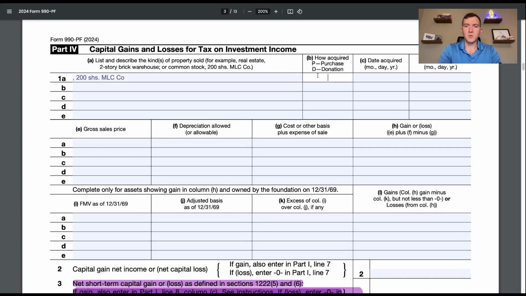It was previously donated. It was acquired on such and such a date, and it was sold on such and such a date. And then down here, we would see the sales price, the basis, and then what the gain or loss was, and that would coincide with the income part of the return. And it should be transparent because we need it to calculate the 1.39% excise tax on net investment income.